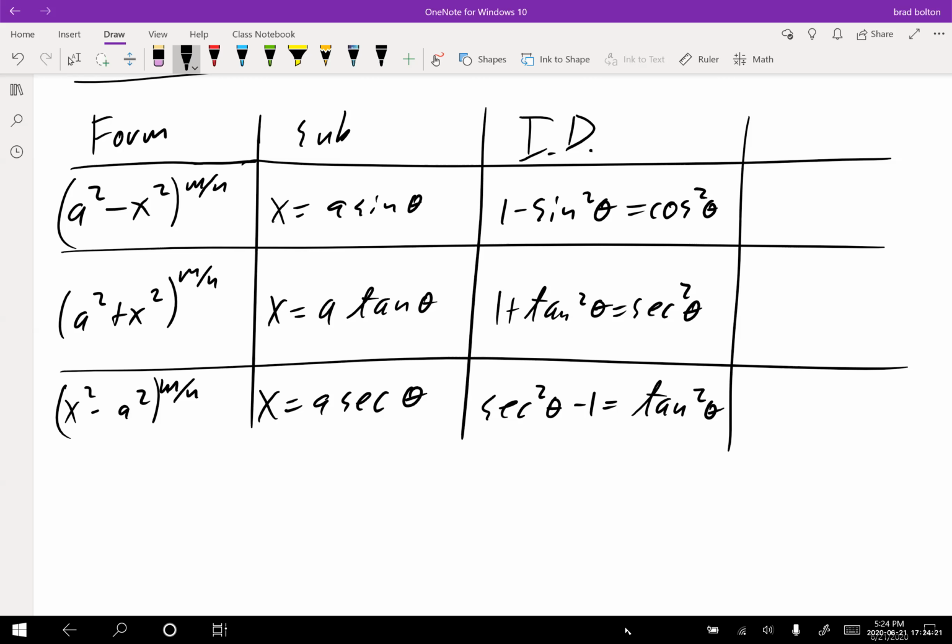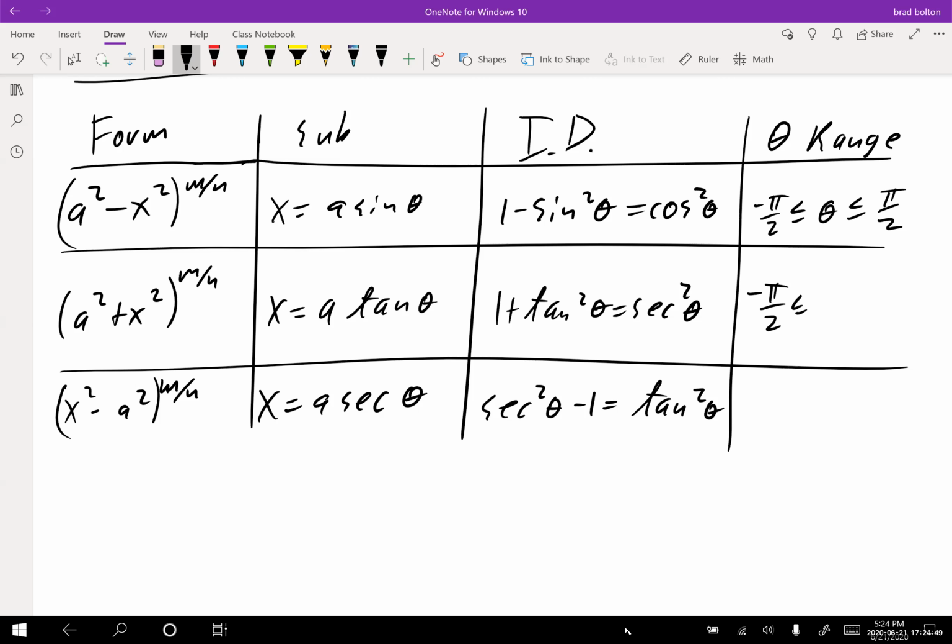Okay, and then you guys know that the range of theta has some restrictions, right? We talked about this when we did inverse trig. So this one is negative pi over 2 less than or equal to theta less than or equal to pi over 2. So basically quadrant 4 to quadrant 1, that's the only thing that sine can be. You should have learned this also in pre-calc and trigonometry.